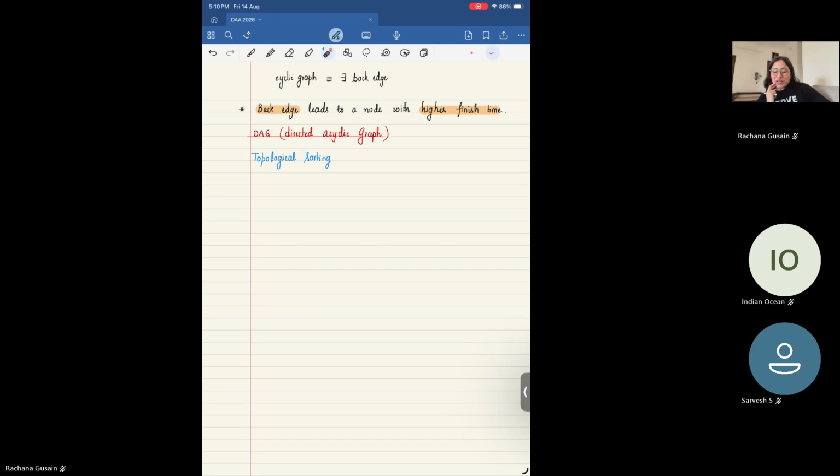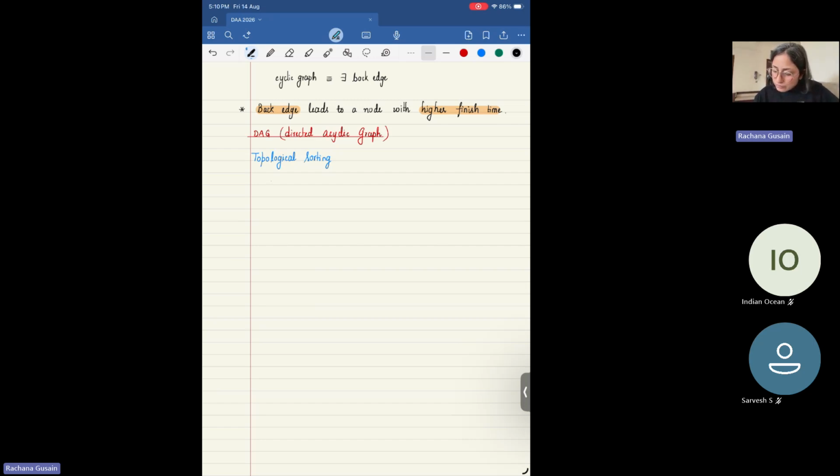Okay. Now, what do we mean by topological sorting? So topological sorting is essentially I want to sort, order the vertices of the graph in a linear order. So let's say the vertices are V1 to Vn.